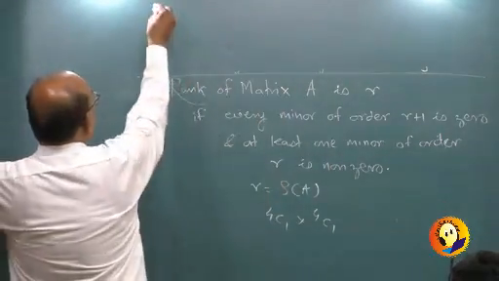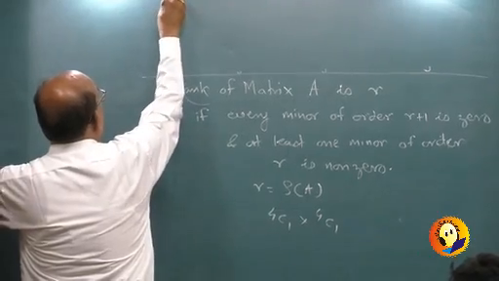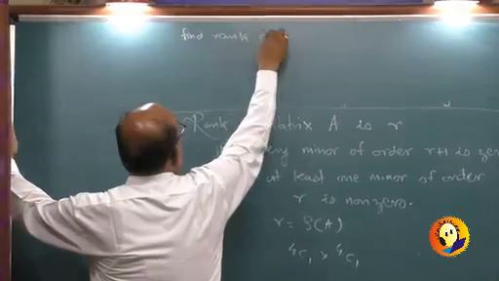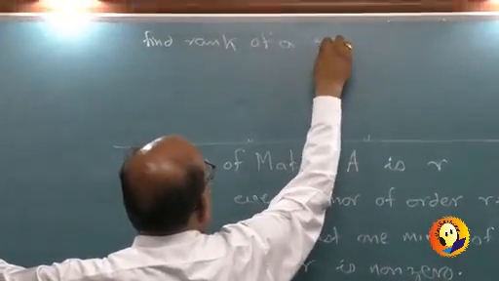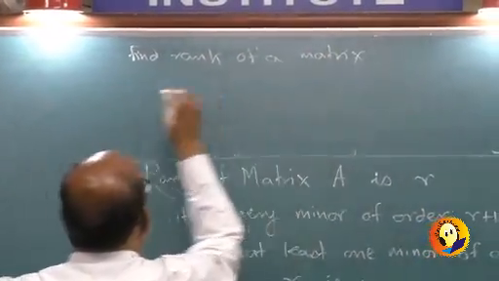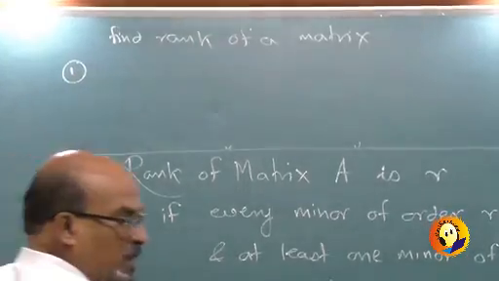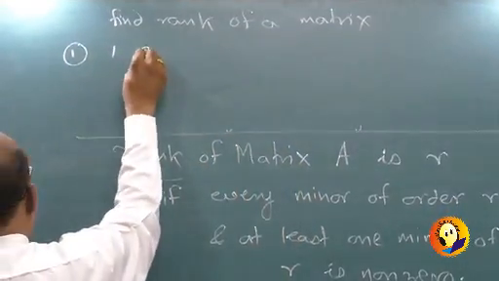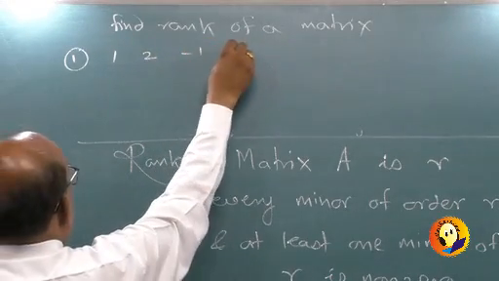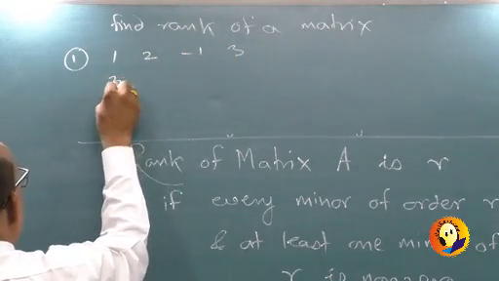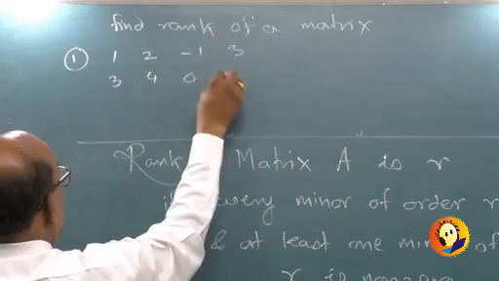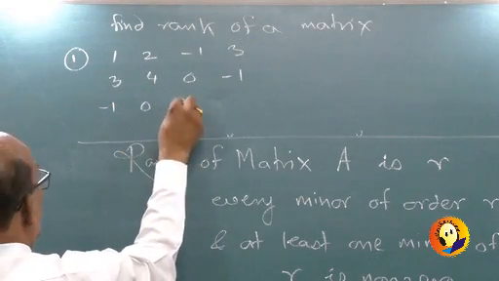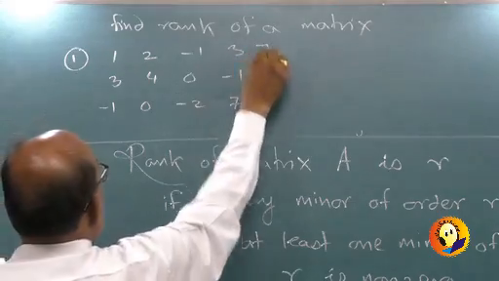So the question goes like this: find the rank of a matrix. The first one is 1, 2, minus 1, 3; 3, 4, 0, minus 1; minus 1, 0, minus 2, 7.